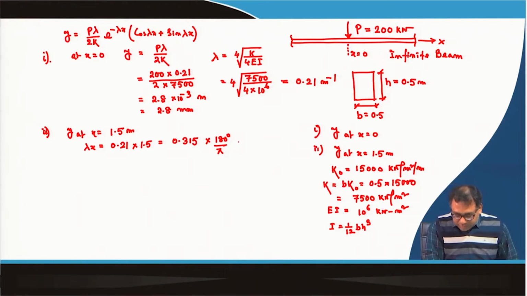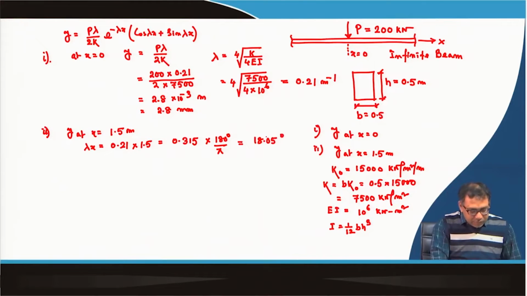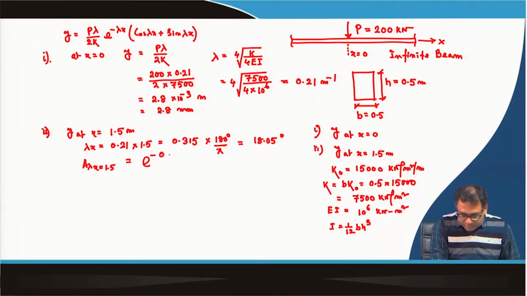So, this value is 18.05 degree. So, I can write that y at x equal to 1.5 is e to the power minus lambda x, that is e to the power minus 0.315, then cos 18.05 degree plus sin 18.05 degree.